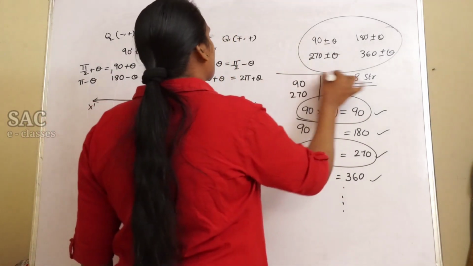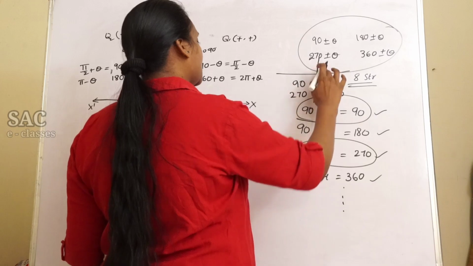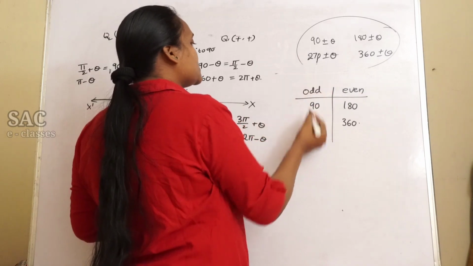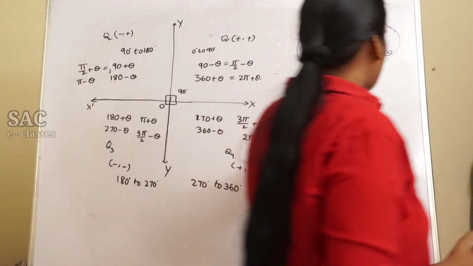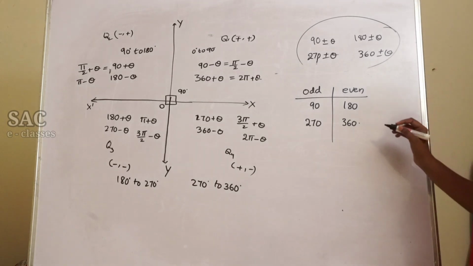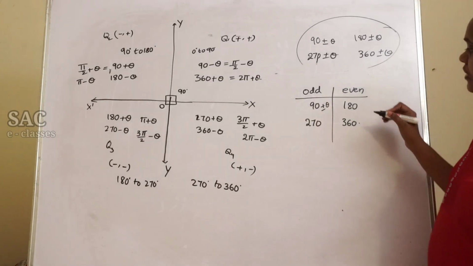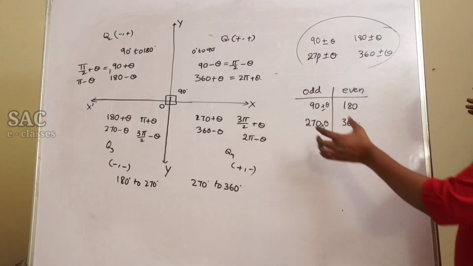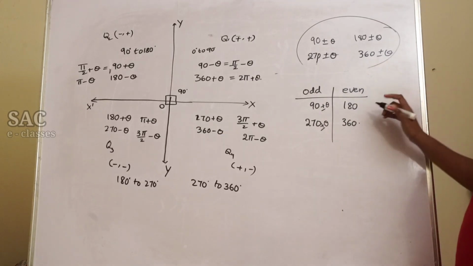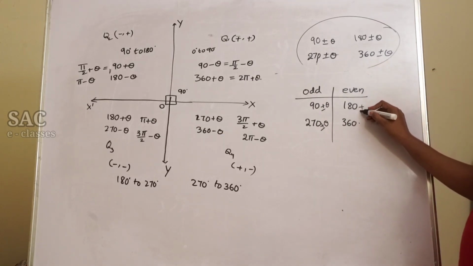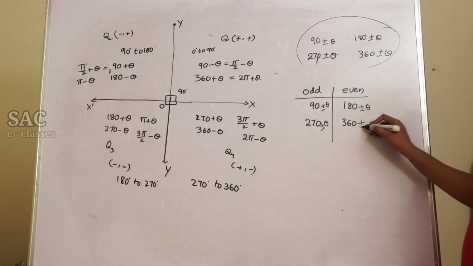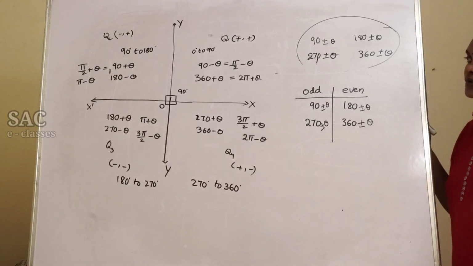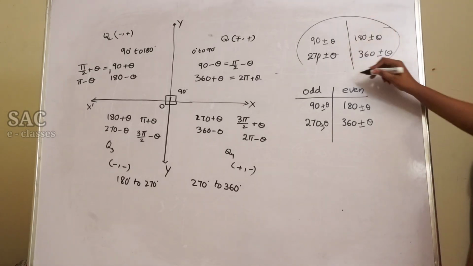So now the structural angles are of two categories: odd multiples of 90 degrees and even multiples of 90 degrees. Angles expressed in the form of 90 plus or minus theta and 270 plus or minus theta are considered odd functions, whereas angles expressed in the form of 180 plus or minus theta and 360 plus or minus theta are called even functions. Now we have categorized them into odd and even functions.